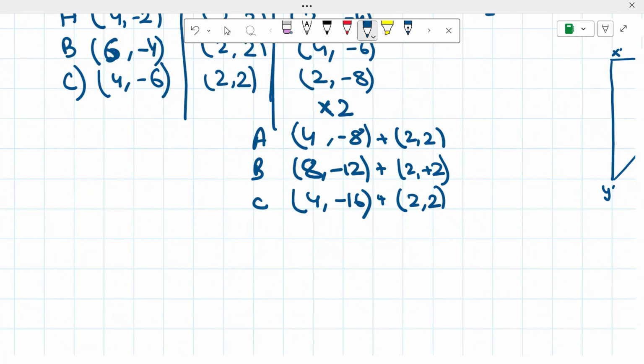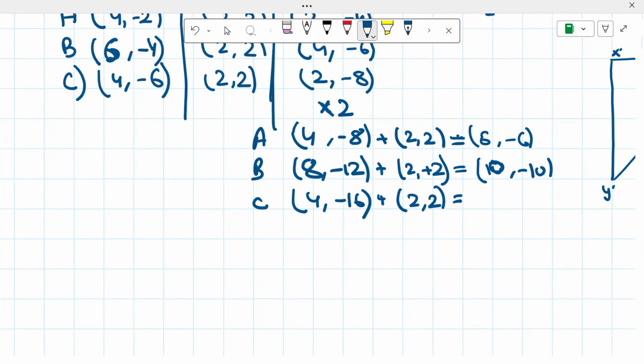Okay, so this point would be 4 plus 2 is 6, and minus 8 plus 2 is minus 6. 8 plus 2 is 10, and minus 12 plus 2 is minus 10.